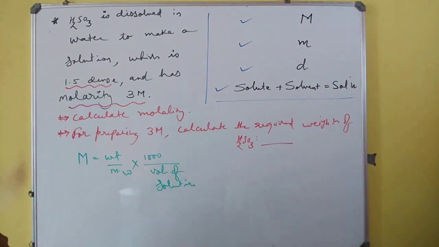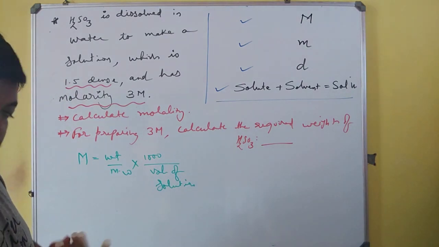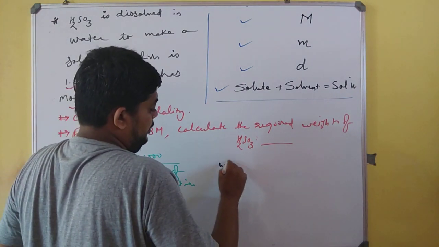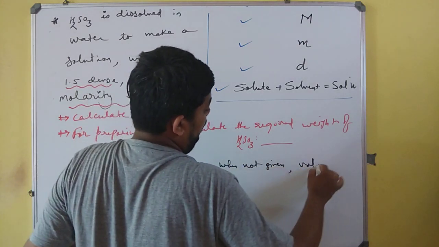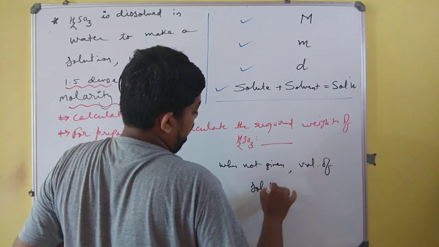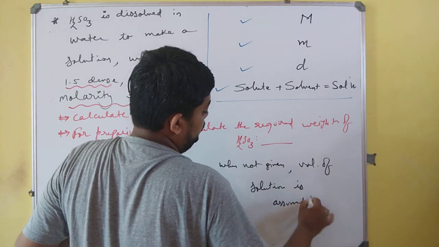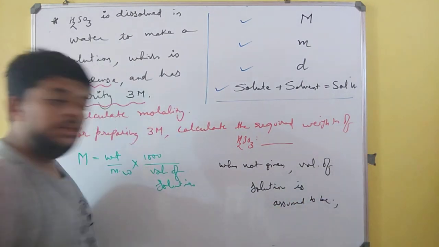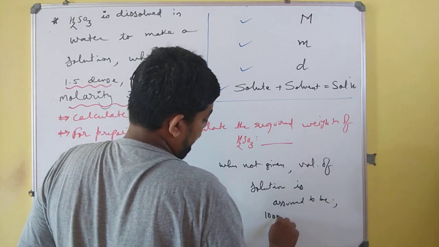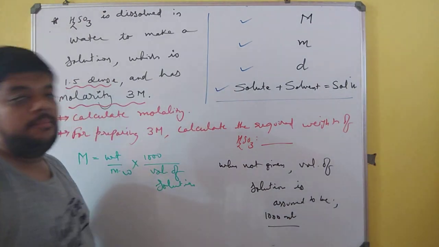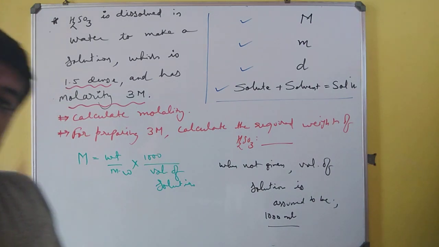Now look, you are nowhere given the volume of solution, so please make a note that when not given, volume of solution is assumed to be 1000 ml.